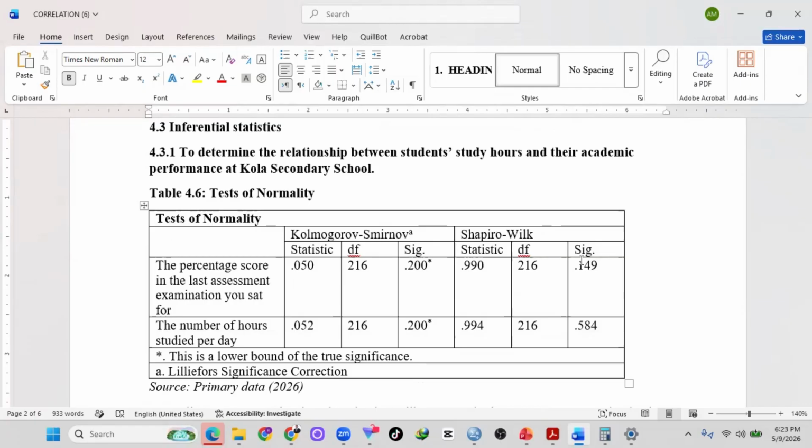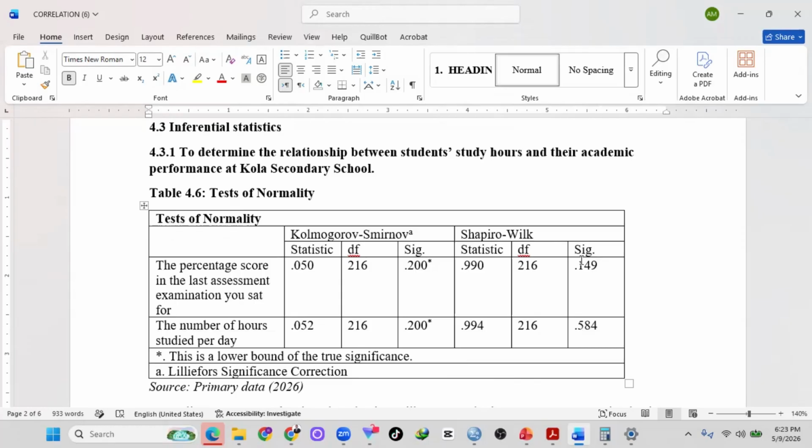Remember we said that for you to go ahead and do correlation analysis, we need to make sure that our data is normally distributed.